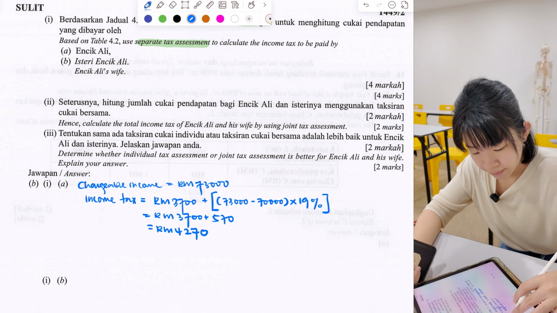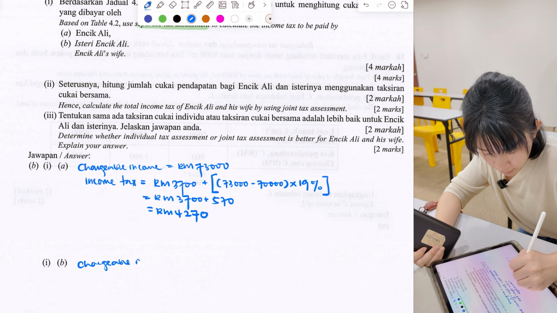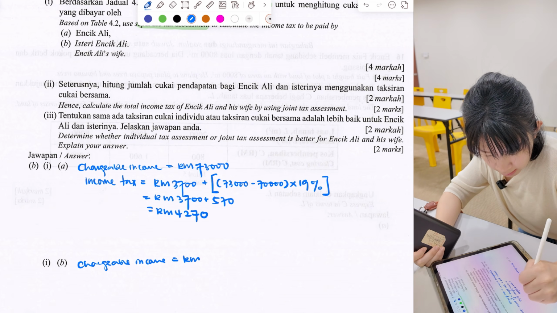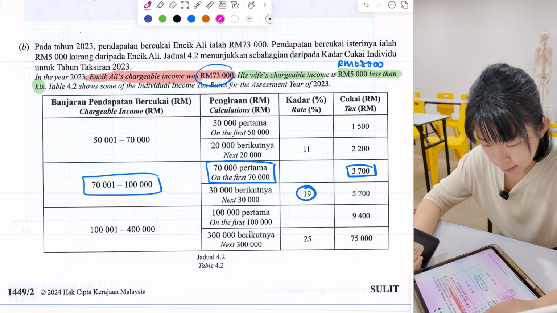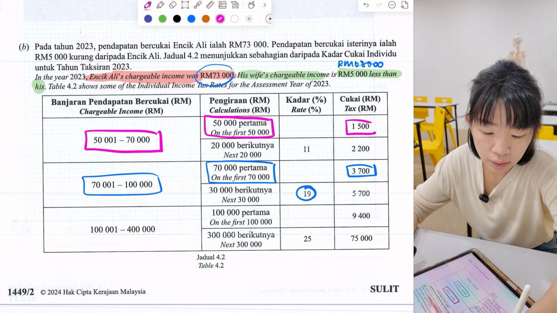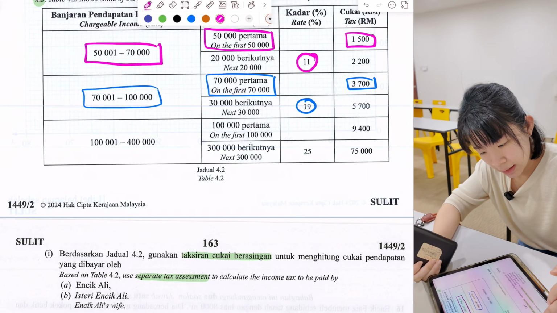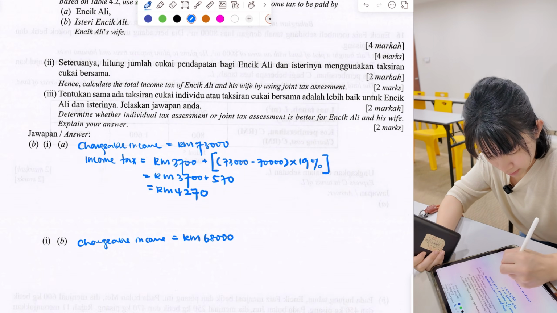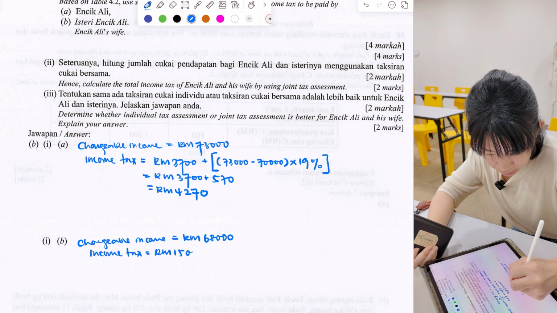Okay, how about his wife? The chargeable income for the wife is 68,000, 5,000 lesser. So 68,000 falls in this category. The first 50,000 has to pay 1,500. After that, 11%. Income tax, cukai pendapatan, definitely has to pay 1,500.